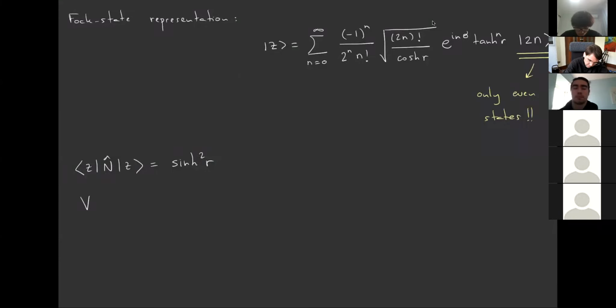On the other hand, you can calculate the variance of n in the squeezed state, and you can see that this is equal to an expression that looks like this: a hyperbolic sine of r to the 4th plus hyperbolic sine squared. Oops, this should be a hyperbolic sine.